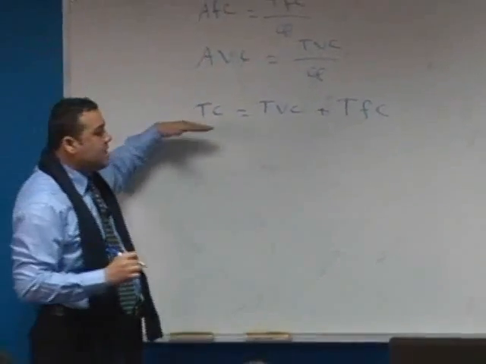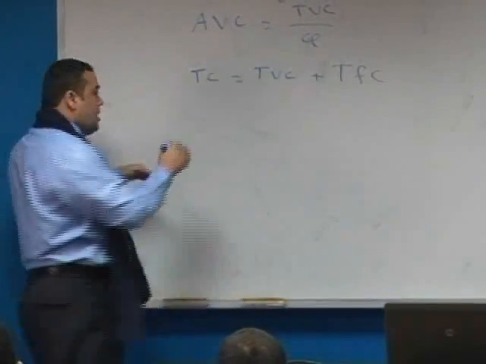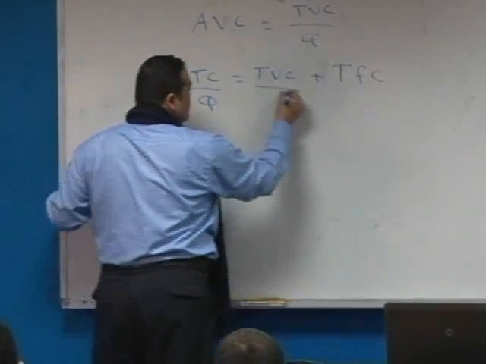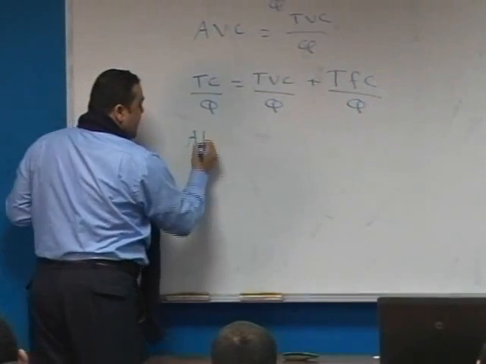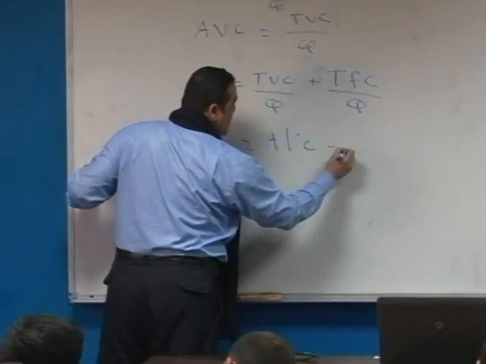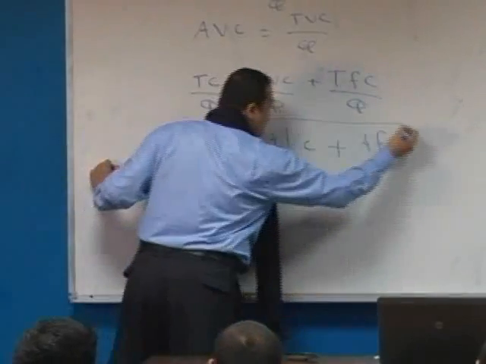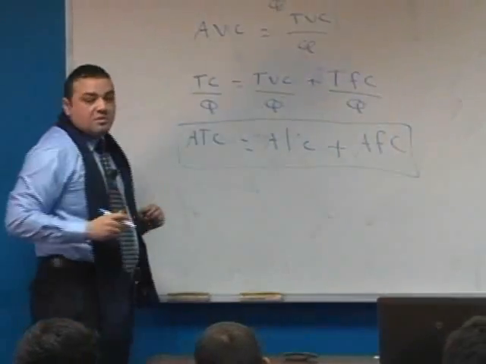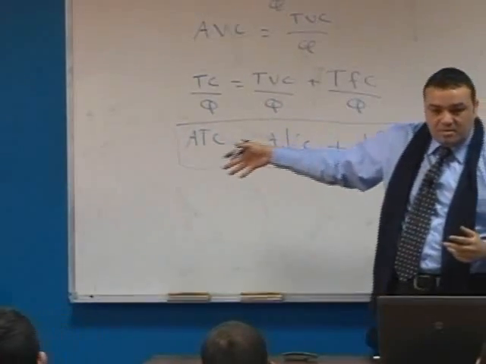If we divide the two sides of this formula by Q, in this case, the average total cost equals AVC plus AFC. This is another formula, and we can derive more than 10 formulas from these formulas, right?